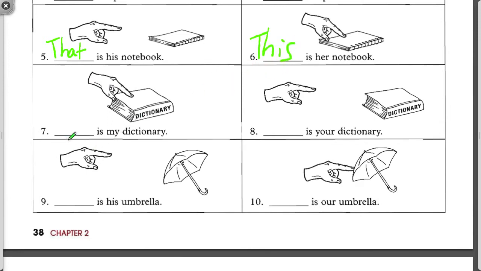This is her notebook. That is his notebook. Number 7. This is my dictionary. Number 8. That is your dictionary. Number 9. That is his umbrella. Number 10. This is our umbrella.